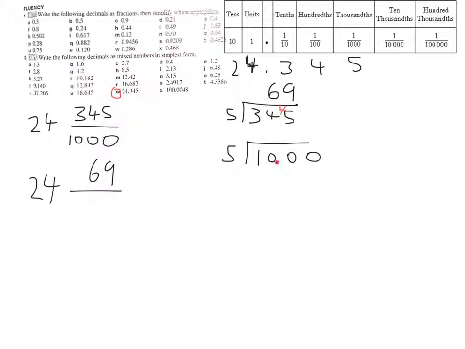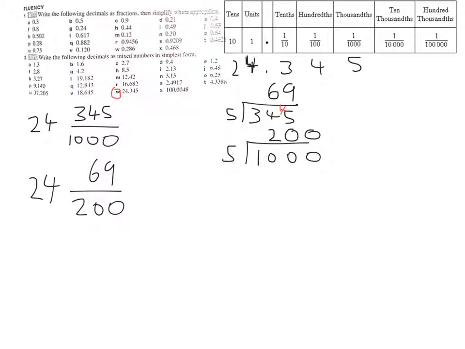It doesn't, so we go to the next digit. How many groups of 5 go into the number 10? It goes into the number 10 twice. There's no remainders, and we have zeros left over, so we just add the zeros up on the top, which is 200. And that becomes our new denominator.